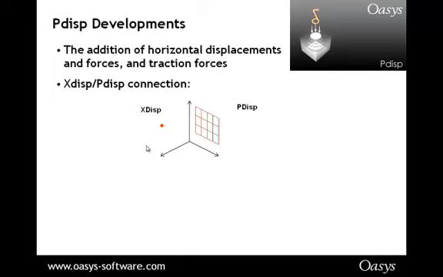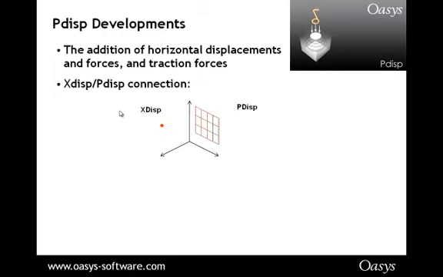Now in Pdisp, with your exported data already incorporated, you run your analysis as you normally would, say having an unloading because you've got a demolition there. You run it and you will have the overall soil displacements, say at your grid or at your point, caused by your overall problem. So as you can see, it becomes quite a powerful three-dimensional tool.